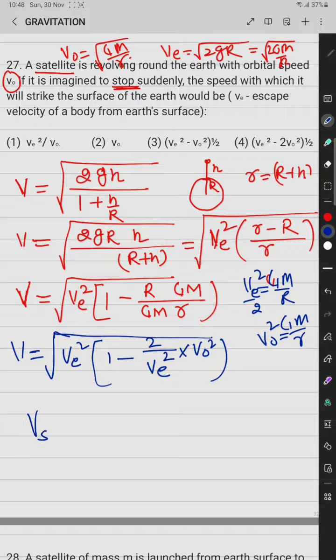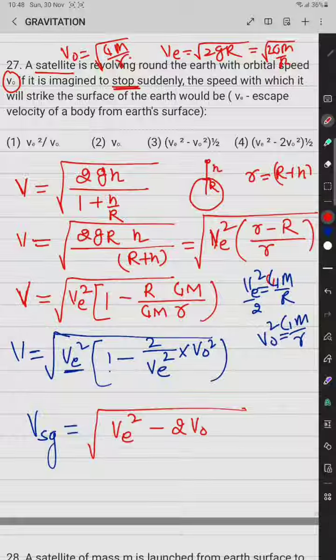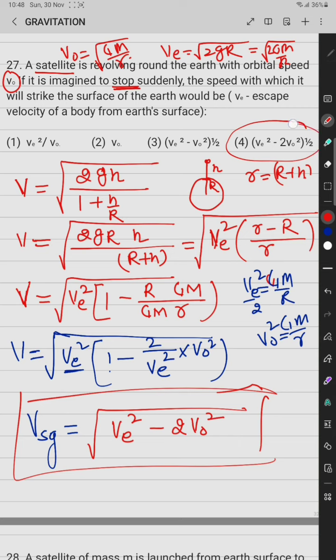Now the velocity of the satellite on the ground, if we multiply this term inside, is the square root of ve square minus 2 times orbital velocity square. So I think the correct option is the fourth one.